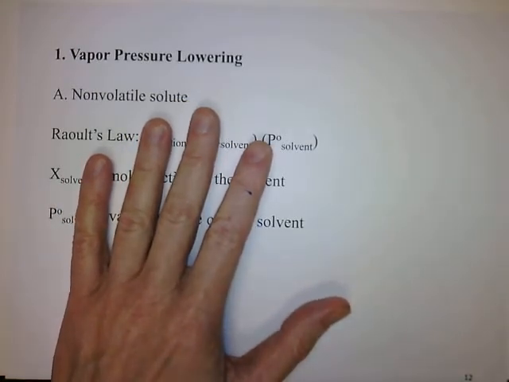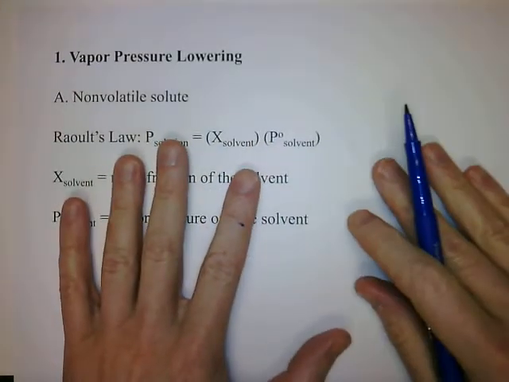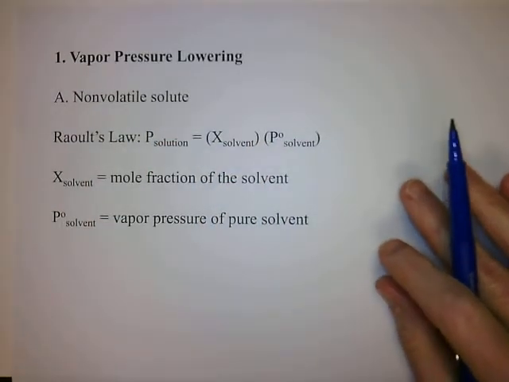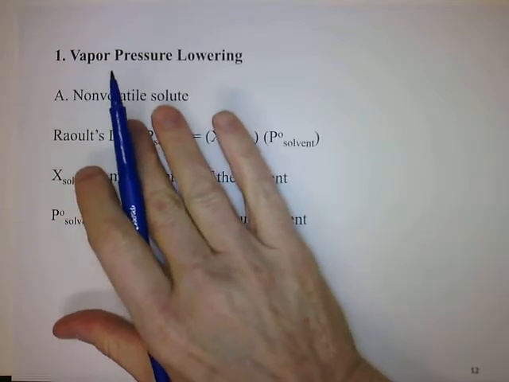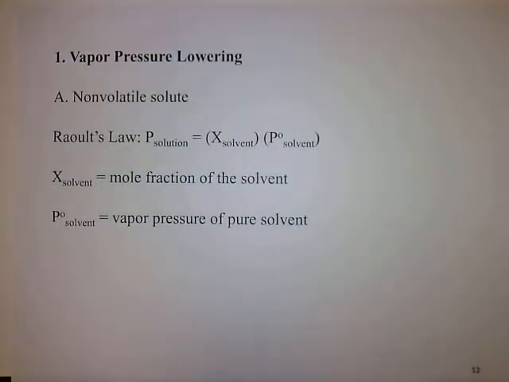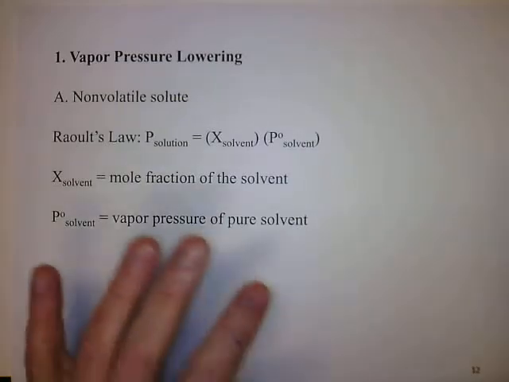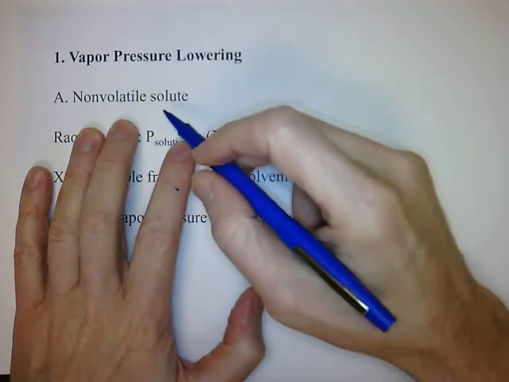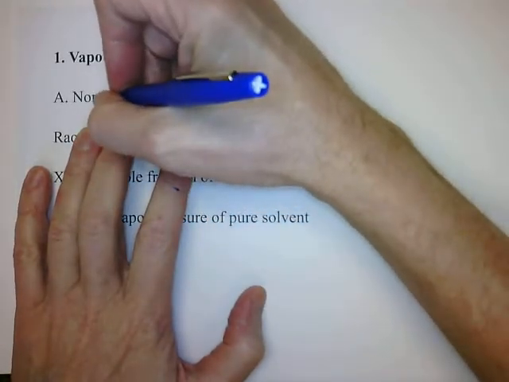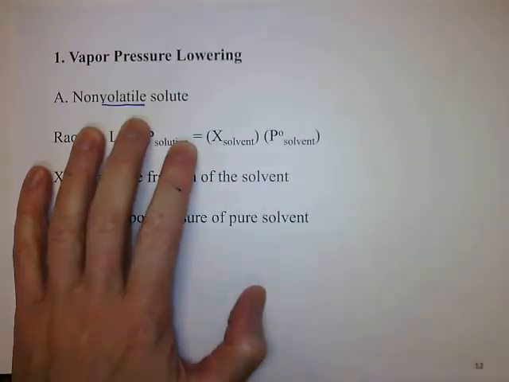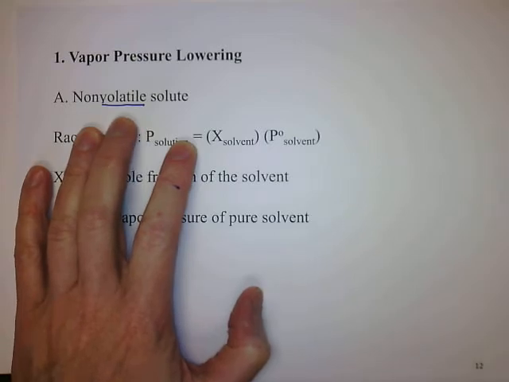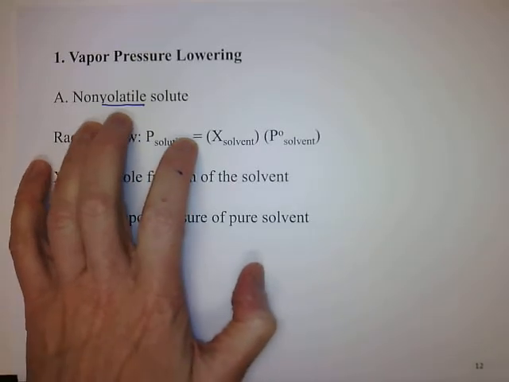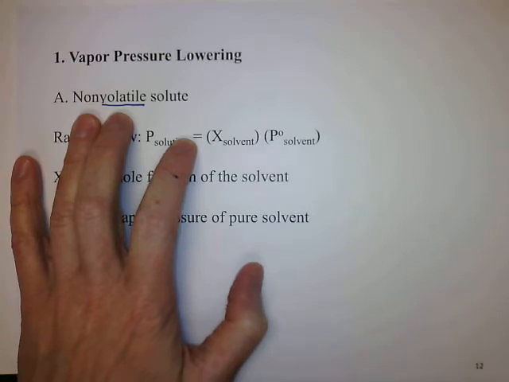So we're going to talk about two cases. First, a non-volatile solute, and then a volatile solute. When we say something is volatile, what does that mean? It means that it evaporates readily, or it has a high vapor pressure, like hexane, for example.